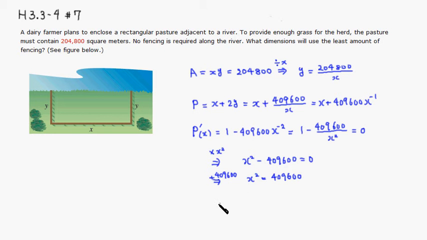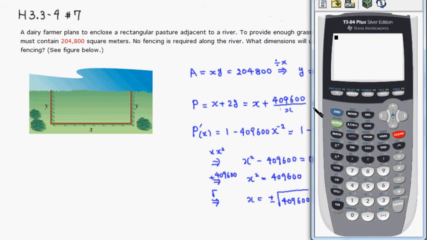Then we can take the square root of both sides. x is going to be equal to plus or minus the square root of 409,600.